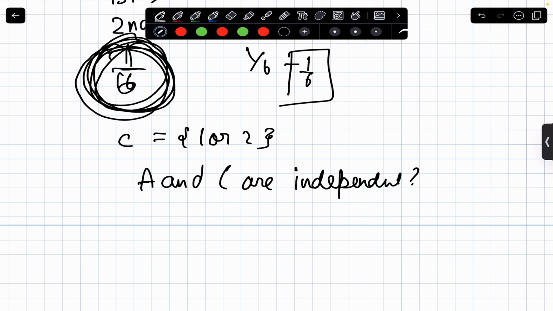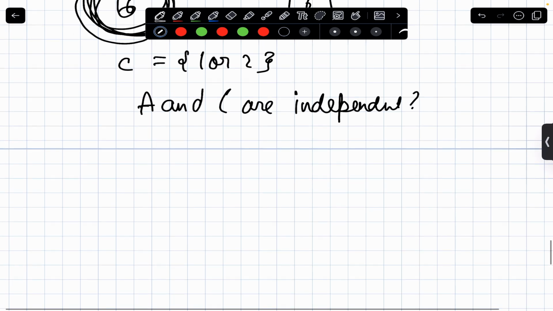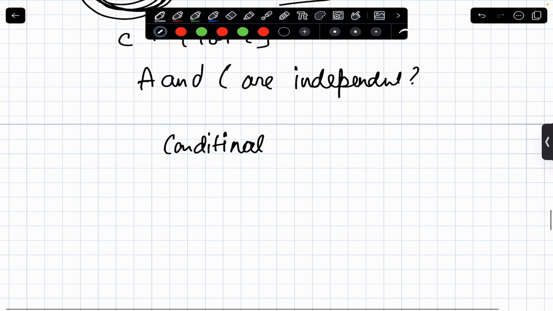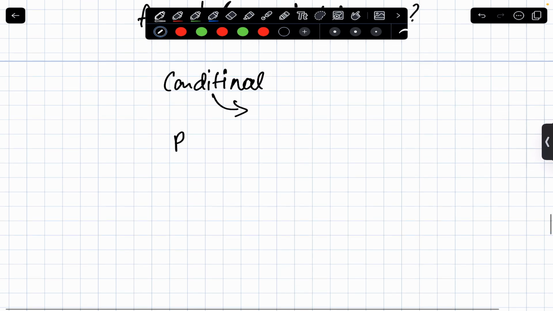Yes, we can find independence by using conditional probability. If there is conditional probability, then it changes the probability of another event.